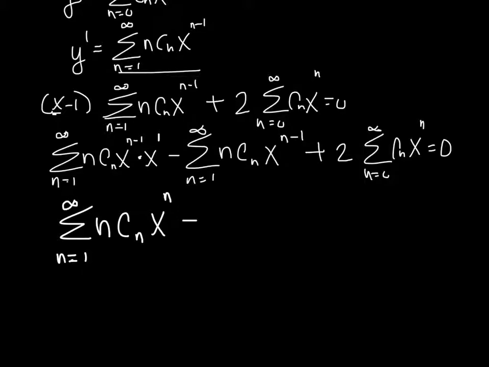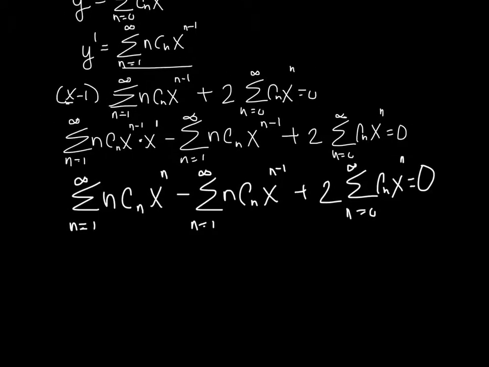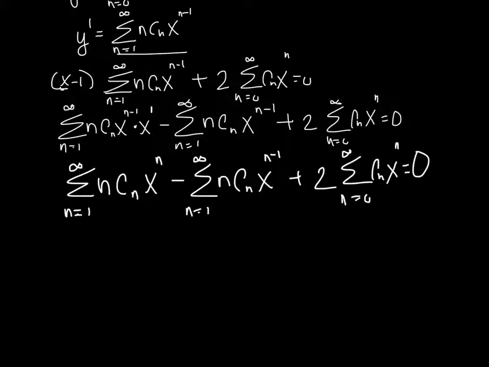That's pretty much it for this. Let's just go ahead and rewrite this. ncn, x to the n minus 1, and then our last summand, Cn x to the n equals 0.